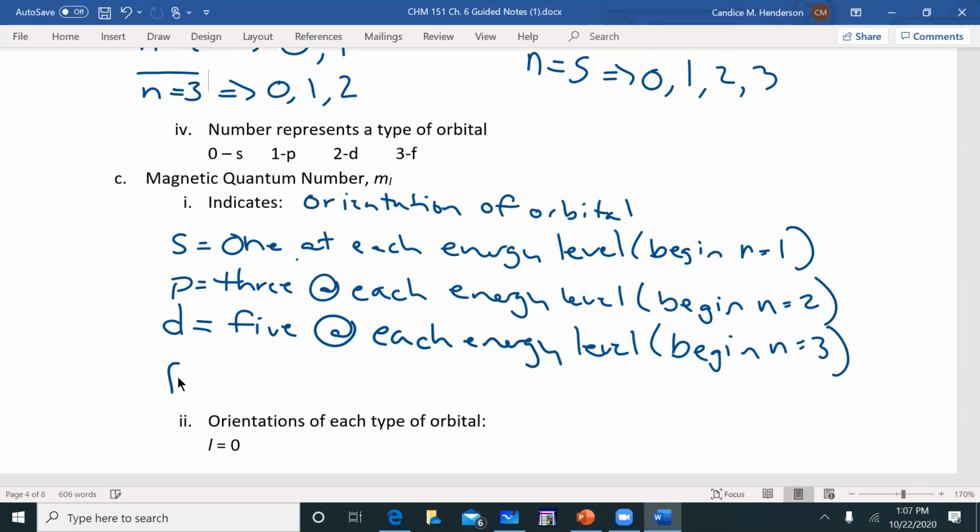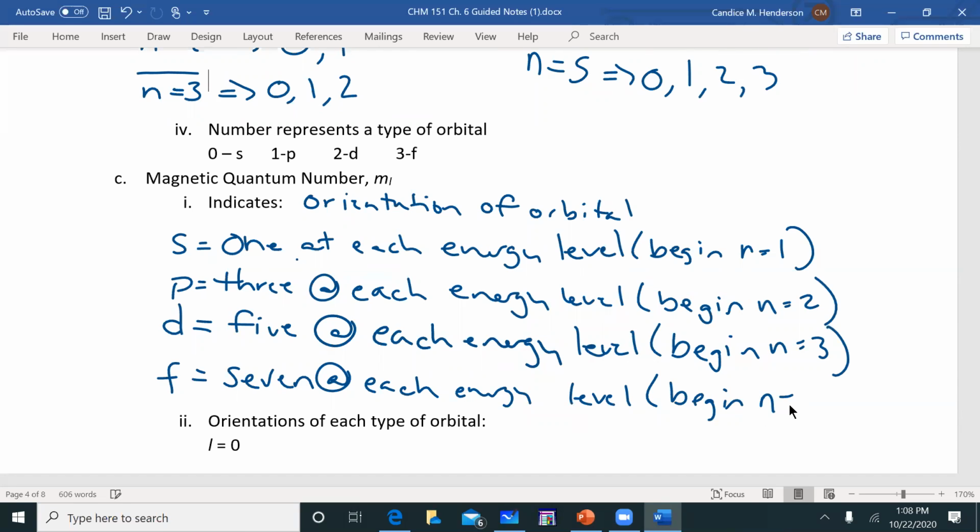The F, which is our final classroom shape and sort of our most complicated, has a total of 7 different orientations. And this doesn't begin until, you guessed it, n equals 4. So n equals 4 is the highest floor where we start to introduce a new sort of classroom style.